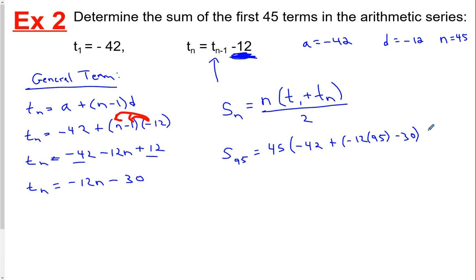Oof. That's starting to look ugly. We're going to hang in there. Let's simplify this a little bit. Let's get rid of the 45 and the 2. 45 divided by 2 is 22.5.